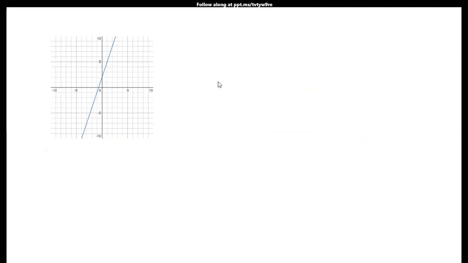As long as it only hits one point on the graph of our function, then it is a function. I drew this line at about -1, but you could draw it any place on the graph of this function, and it only hits the graph in one spot. So this is a function.